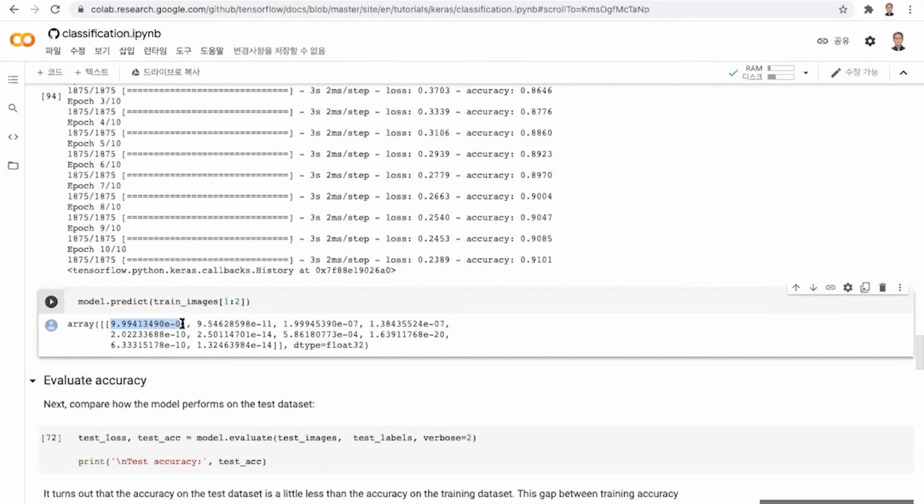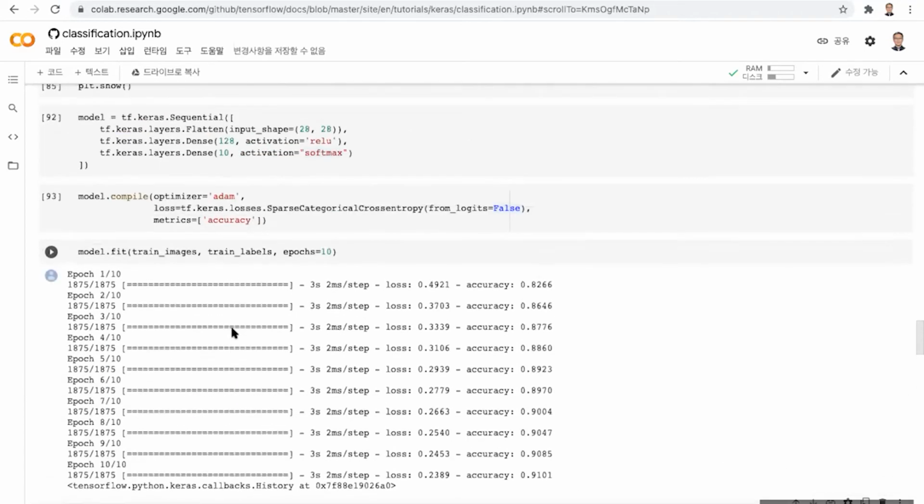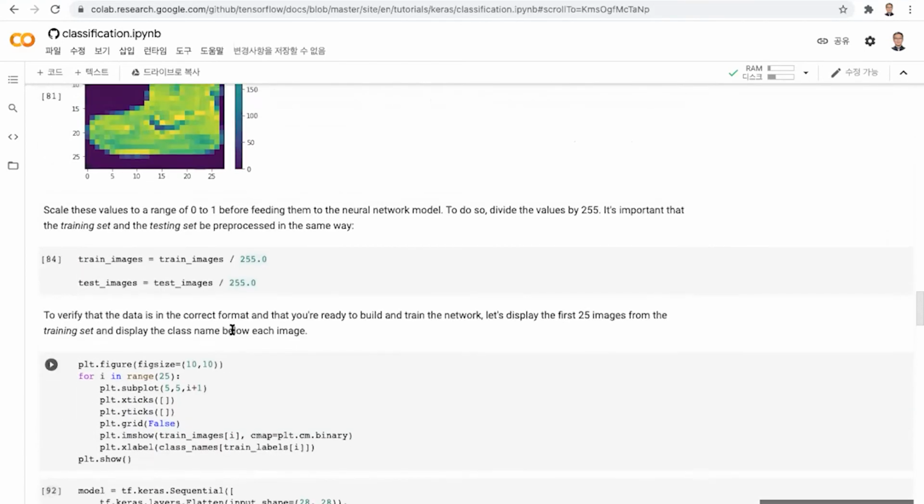I think this one. So the probability of the second image being class 0 is 99%. So let me see. Yeah, this is true.